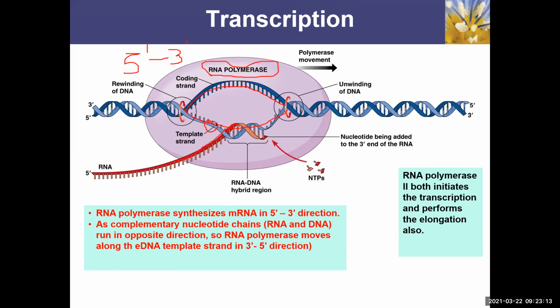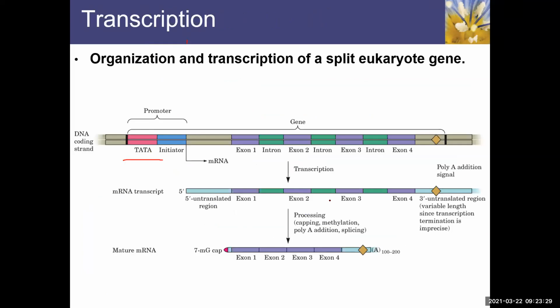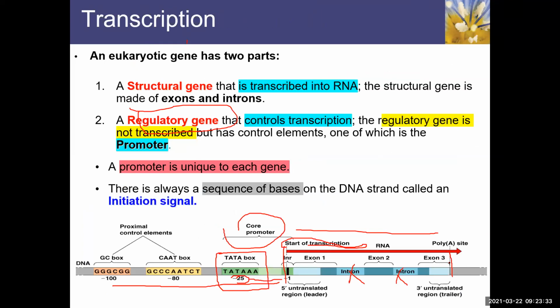And then what happens? How will your transcription stop? Your transcription stops once you have a termination signal. If you remember, I told you that we have something called a stop signal over here.